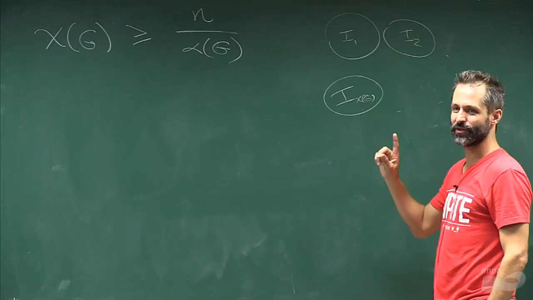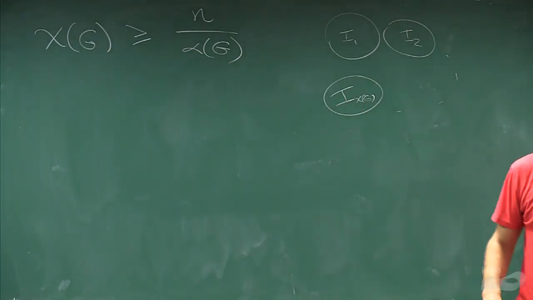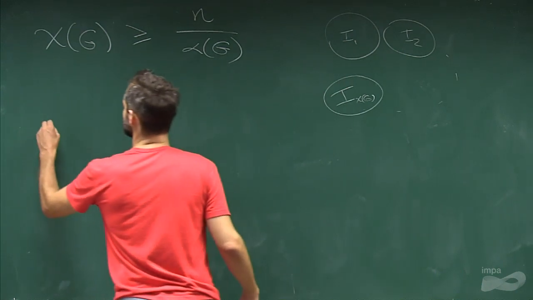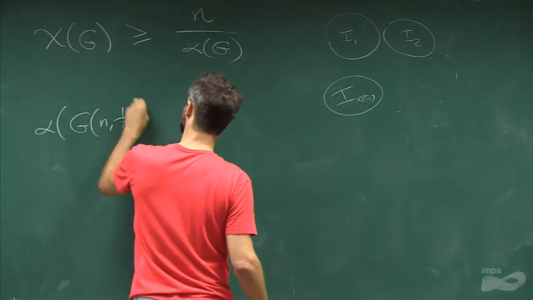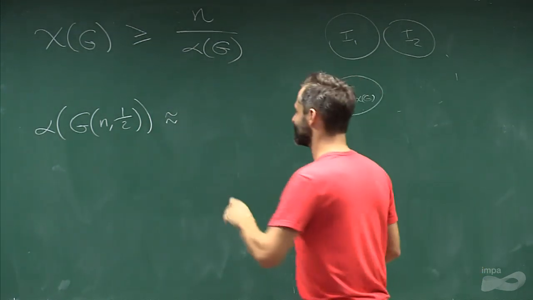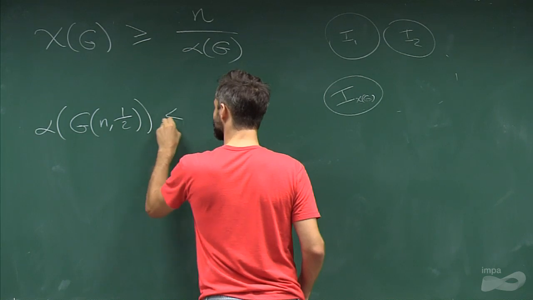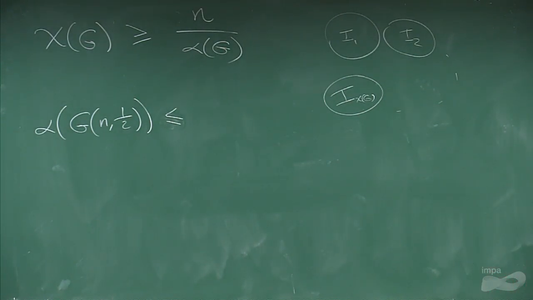So this is just trivial. And how large is alpha of G, for G(n, 1/2)? Actually, let's just do at most, because that's what we proved. Yeah, 2 log n, right? That's exactly what we proved.